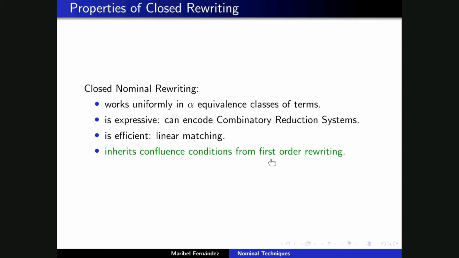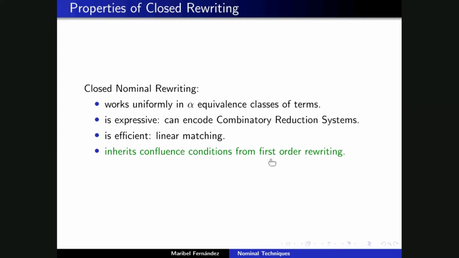The confluence property ensures unicity of the results, unicity of normal forms. So it's a really interesting property of rewriting. And there's a lot of work in rewriting theory trying to find conditions to make sure that the rules we define are confluent. Checking for confluence in general with arbitrary classes of first order rules is undecidable.